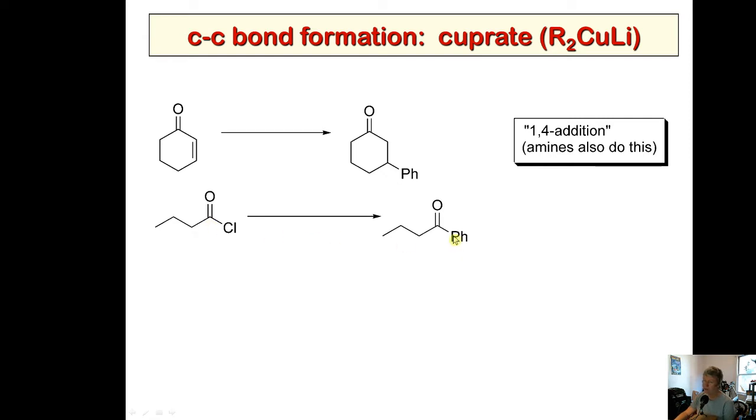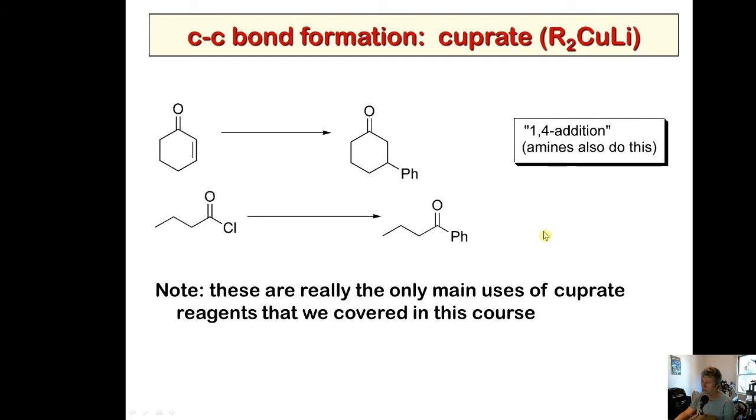They don't react with things like esters or amides. It's really just acid chlorides, and that gives you a single addition of an R group. So these are the main uses of cuprates in chem335. There are other uses, but this is what we talk about.